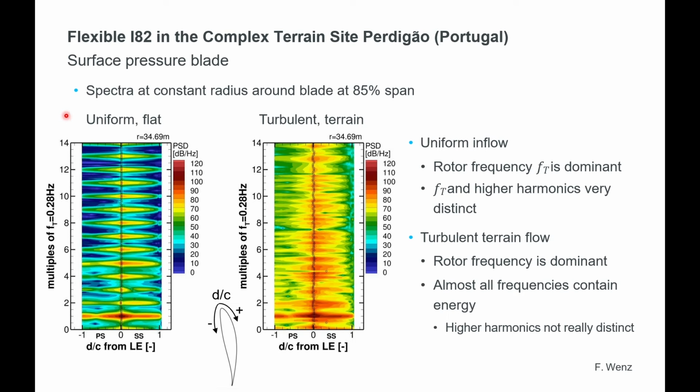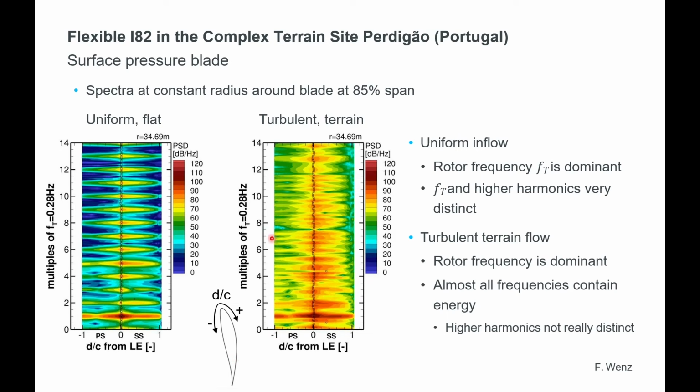When we look into uniform inflow, we can show that the tower is the main emitter. When we look into this situation, this turbulent inflow, we could see that actually the rotor is the dominant emitter, and the rotor has a different directivity of the noise emission.